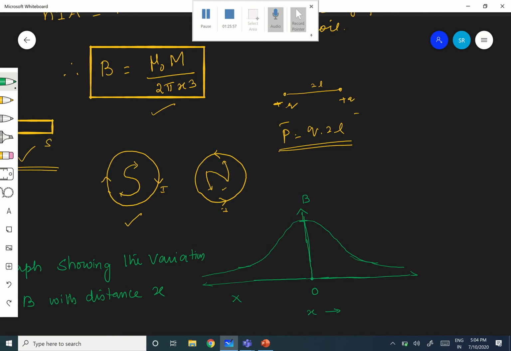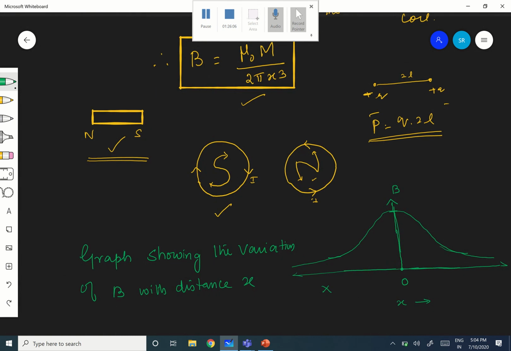So this is how your field varies: a graph showing the variation of B with the distance X from the center of the current carrying circular coil.